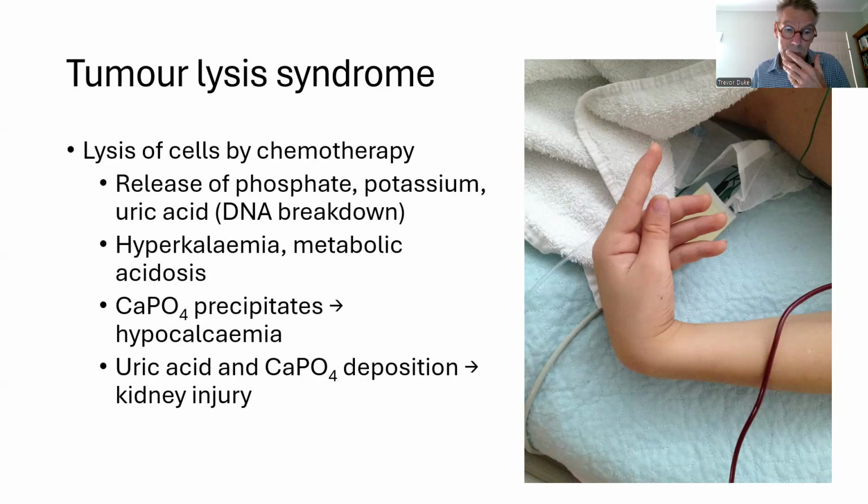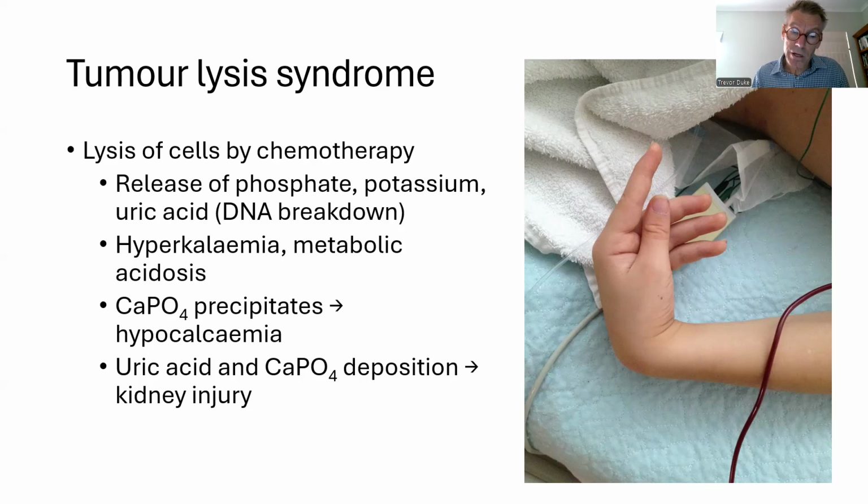Tetanic seizures are a problem, but also when you get a lot of uric acid released and calcium and phosphate deposited in the renal tubules and the glomerulus, you get a kidney injury. So the sorts of things that can happen in severe tumor lysis syndrome are complications of hyperkalemia, including arrhythmias; the complications of low calcium levels in the blood, such as tetany; and the complications of high uric acid in the blood, which is largely initially deposition in the kidneys.